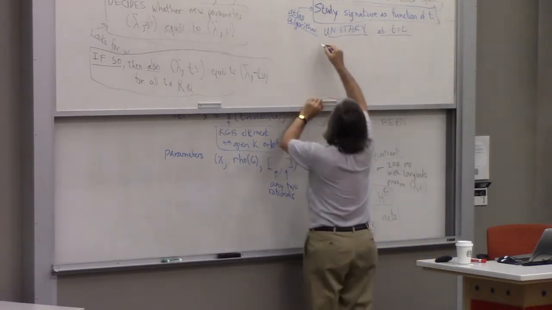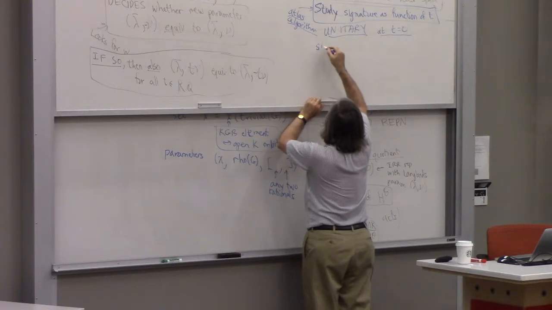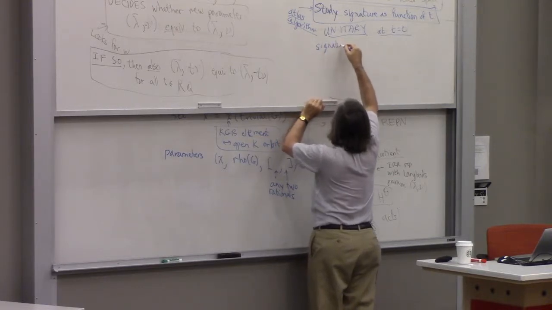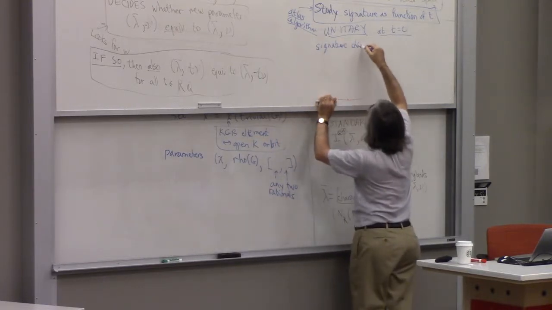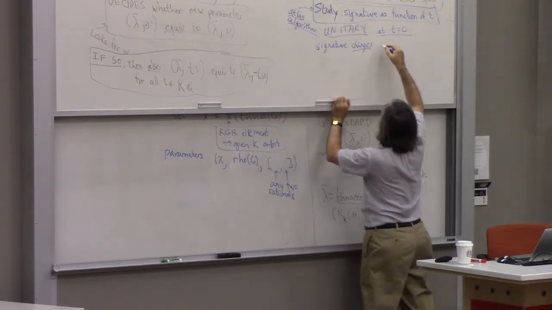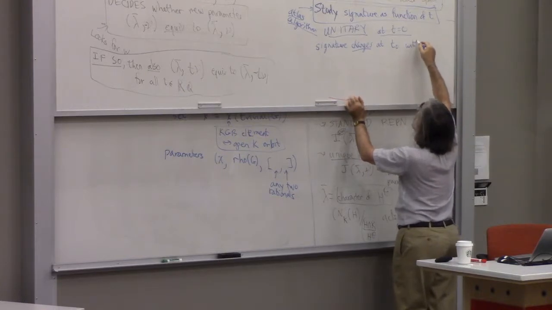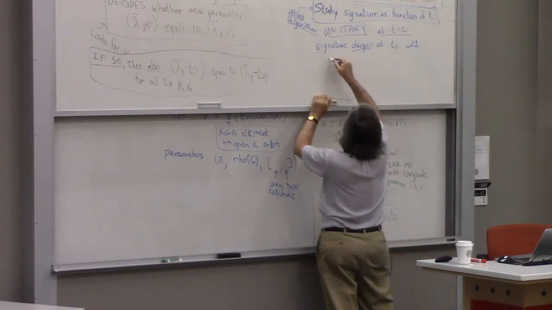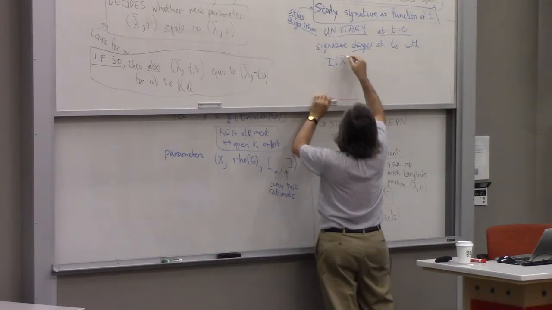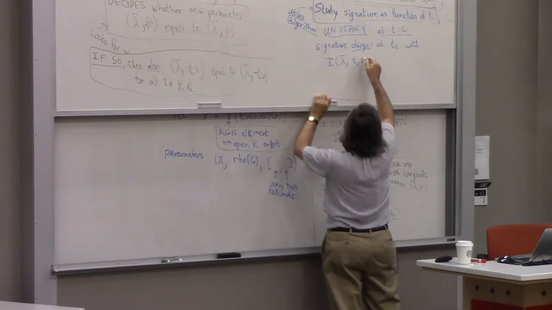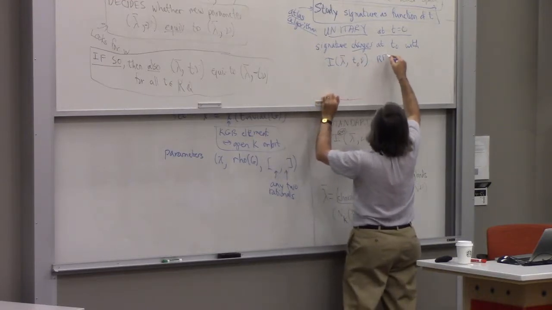and then what happens is that the signature changes at values of t0 whenever this I of lambda bar t0 nu is reducible.